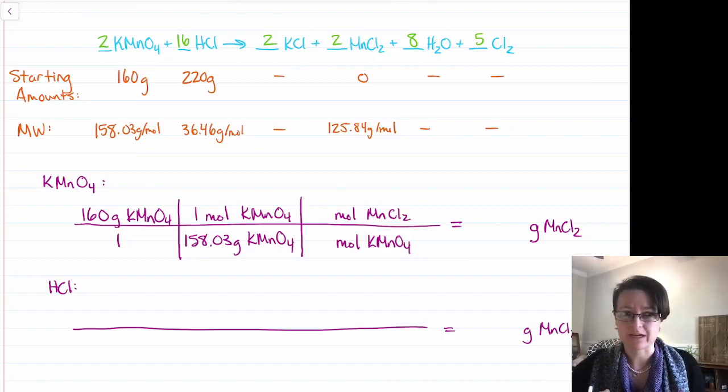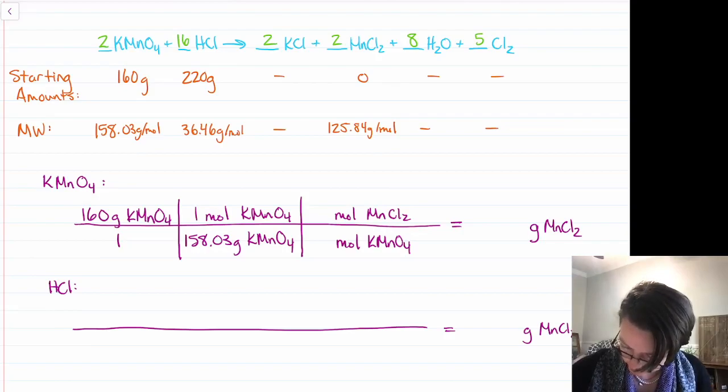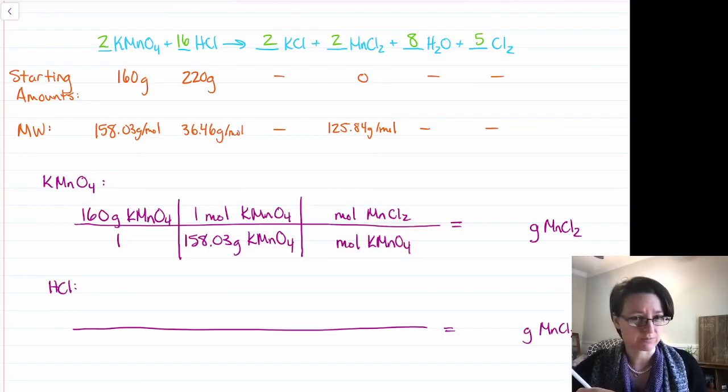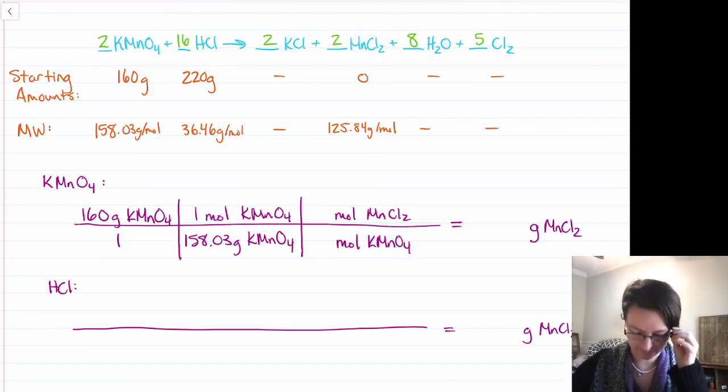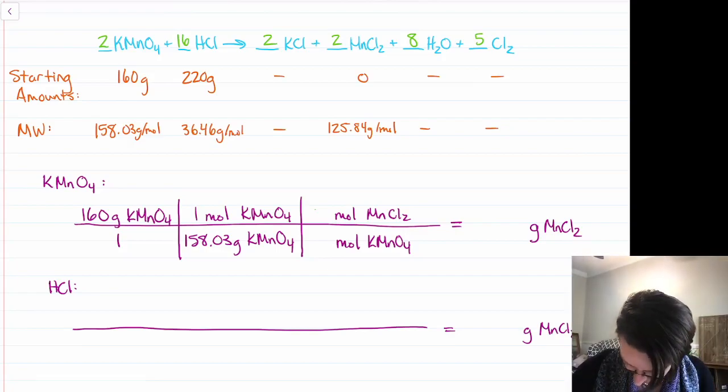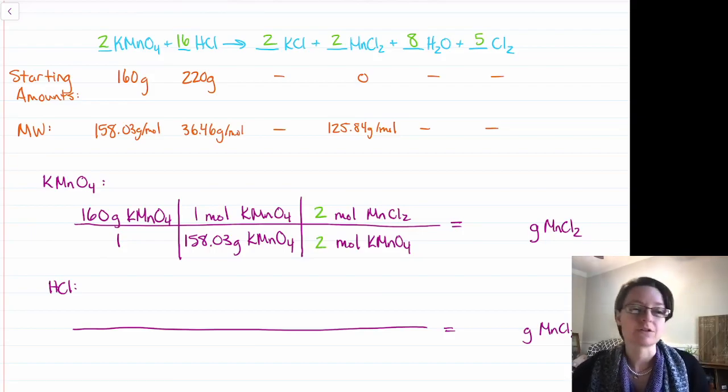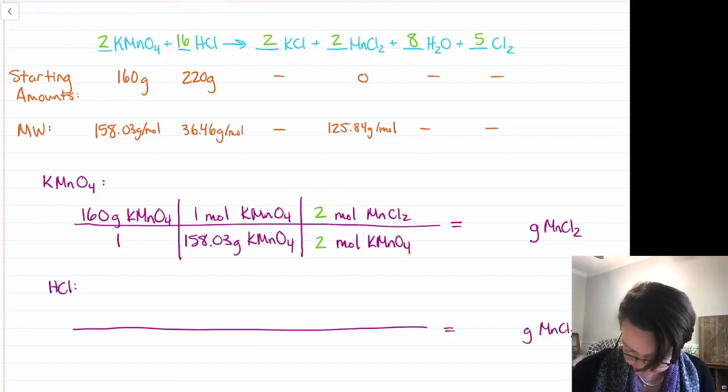And this is where we had to start by balancing the equation, because the coefficients that we're going to get for this moles to moles conversion come directly from the balanced equation. And I see that I've got a 2 for the coefficient for manganese chloride and also a 2 for the coefficient for potassium permanganate.